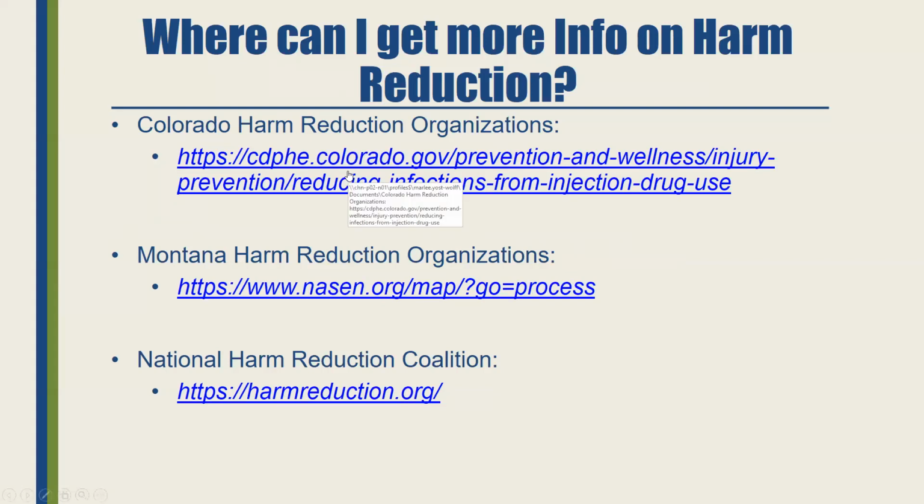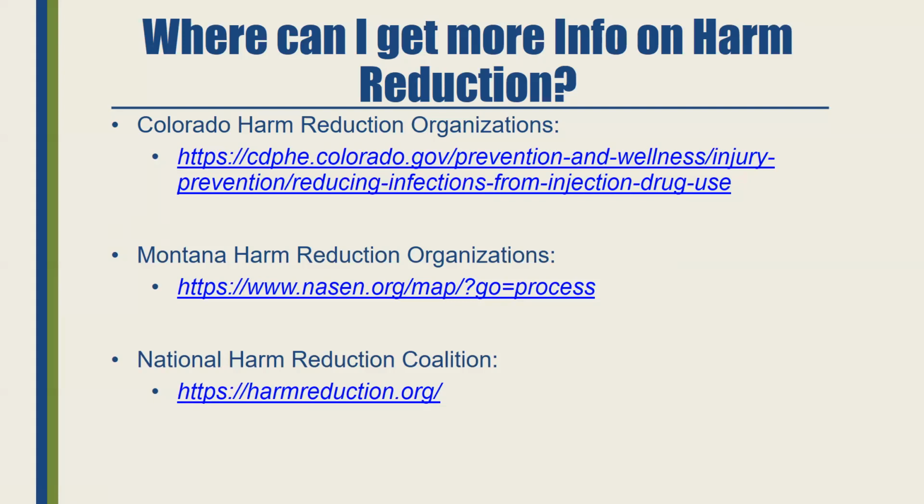Additionally, for folks who might not want naloxone sent to their address for whatever reason, and aren't able to go to a pharmacy, there are also harm reduction organizations in the state of Colorado and Montana. Montana, I think there's 6. Colorado, there's 13 or so, I believe. The links I have here are to websites that show you where all of those harm reduction organizations are, as well as their contact information.